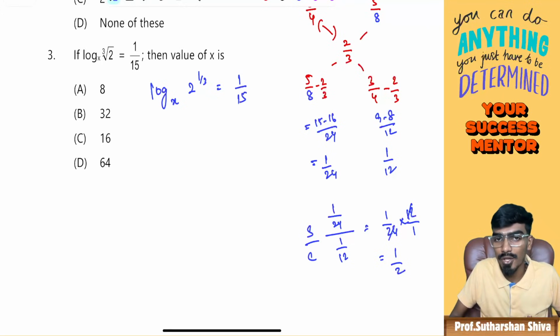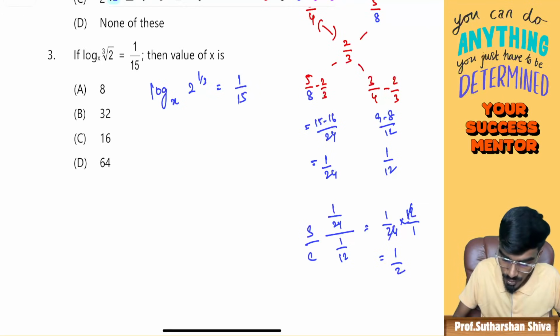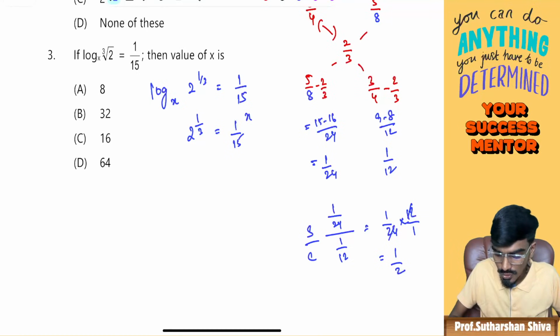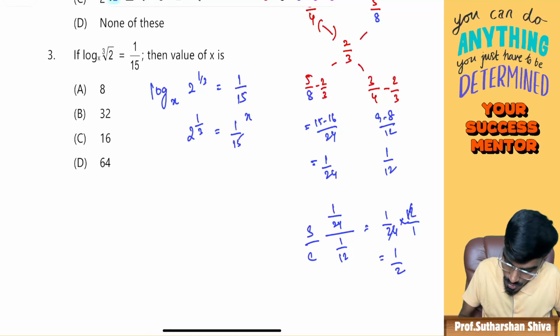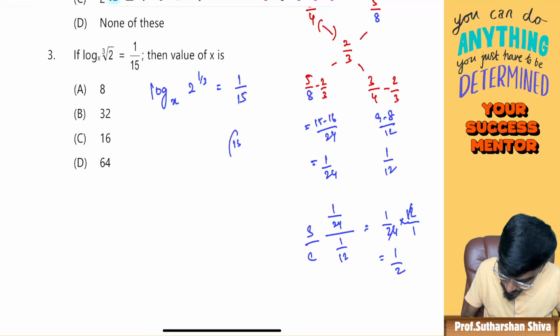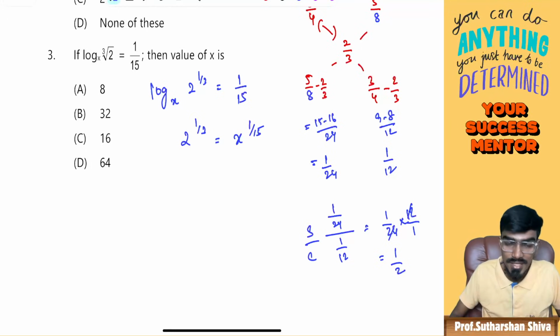As it is in logarithmic form, I can rewrite this equation in exponential form as 2 power 1 by 3 is equal to x power 1 by 15. Like this, we can write it in the exponential form.